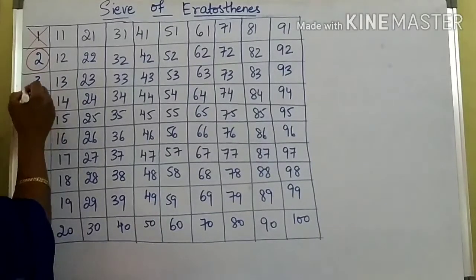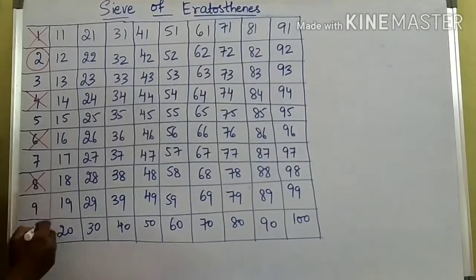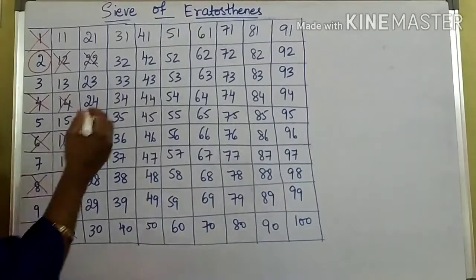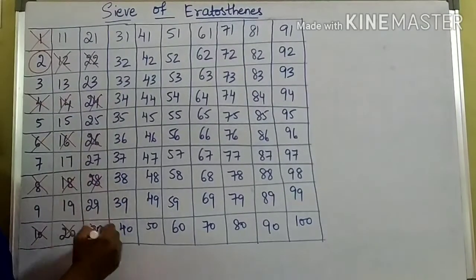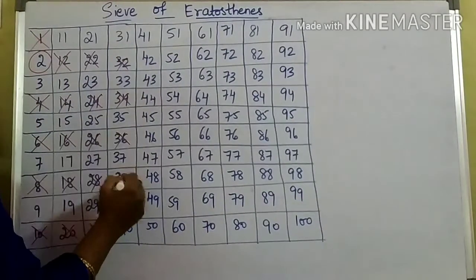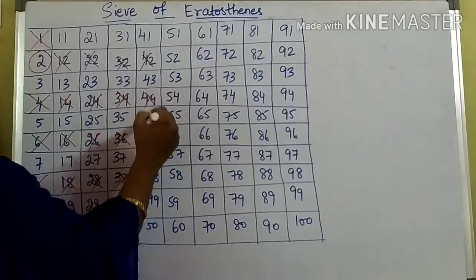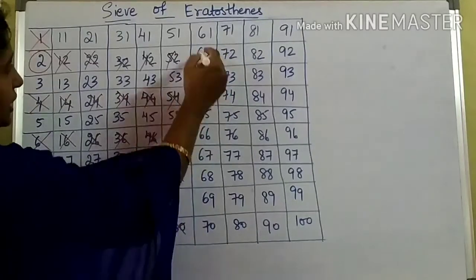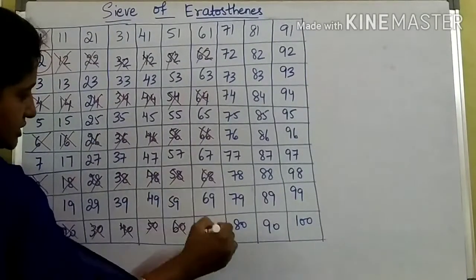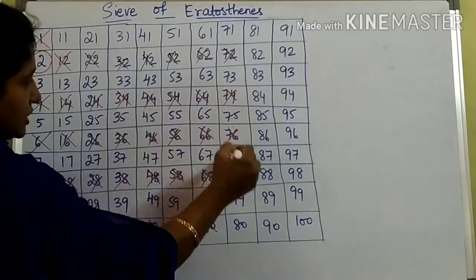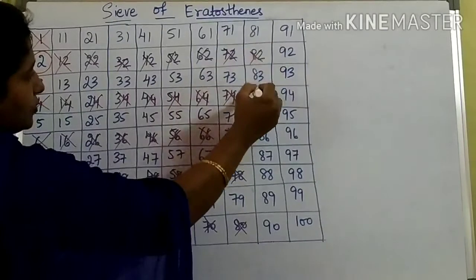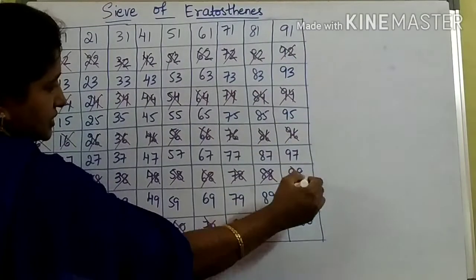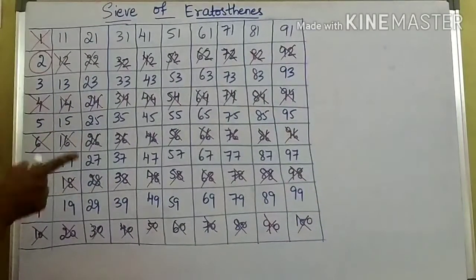So you cross out all multiples of 2: 10, 12, 14, 16, 18, 24, 26, 28, 30, and so on up to 100. So here I crossed out all multiples of 2.